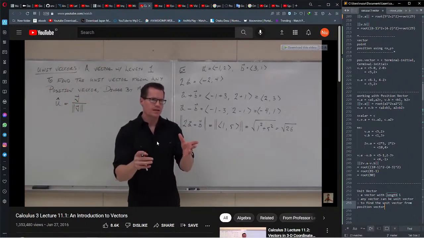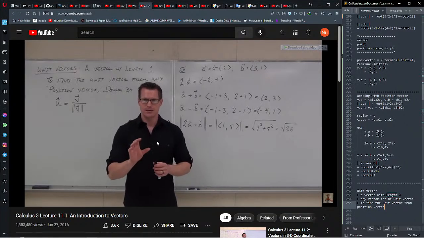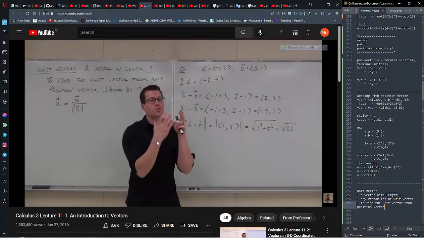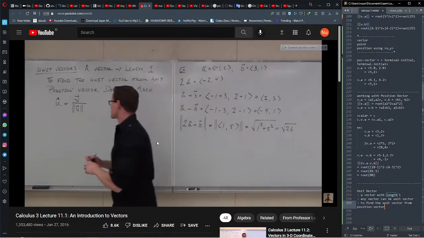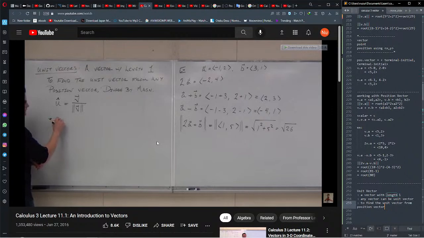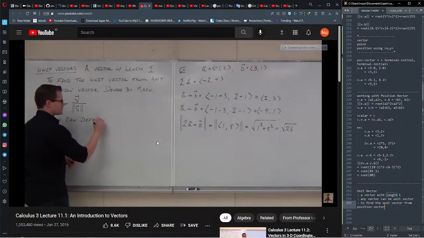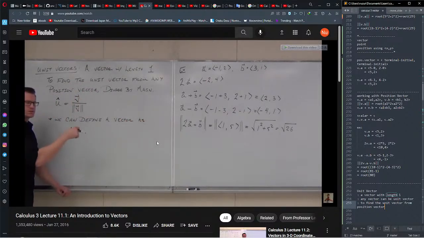It's really cool. It says that if I want any vector in the world, all I need is a direction times a scalar. I can grow a unit vector into whatever vector I want. Does that make sense to you? And that's what this next thing is going to say. So if I solve this for vector v, we can define a vector as magnitude times direction, or magnitude times a unit vector.